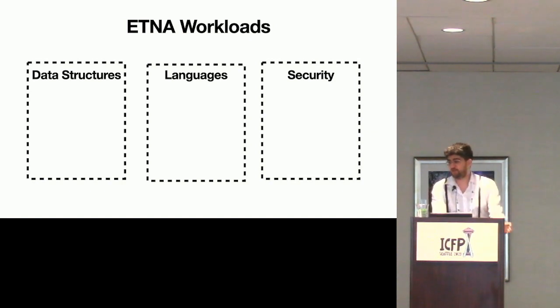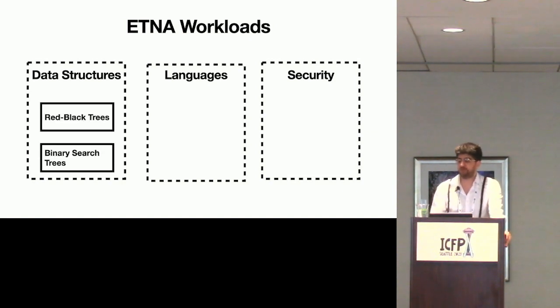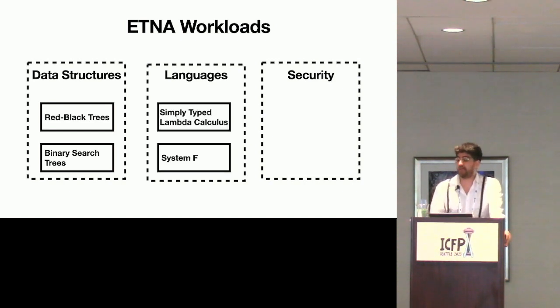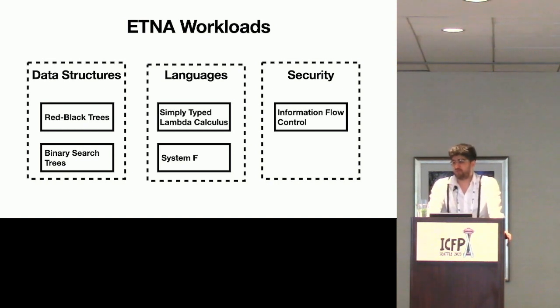The first is data structures, where we have red-black trees and binary search trees that have many properties that come, as I said, from How to Specify It. The second is languages, where we have simply typed lambda calculus and System F that have progress and preservation as properties. And the last one comes from the security domain, information flow control with the non-interference property.